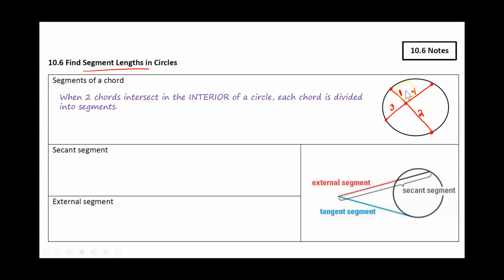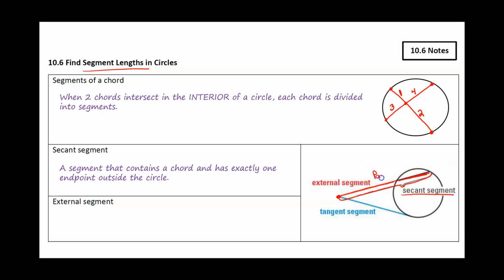Now, there is something called the secant segment. In the secant segment, I need you to notice here that it's the whole piece. So that's a secant segment. It's a secant going through a circle, and it is a segment that contains the chord. Here is the chord, and it has exactly one outside. So you have an external segment and the chord.